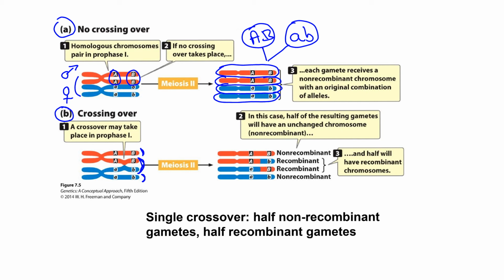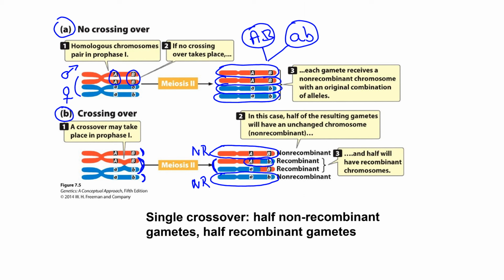So this will be non-recombinant and this will be non-recombinant. However, gametes formed from chromatids which underwent crossing over will be recombinant. This recombination will end up in gametes which carry new combinations of alleles.